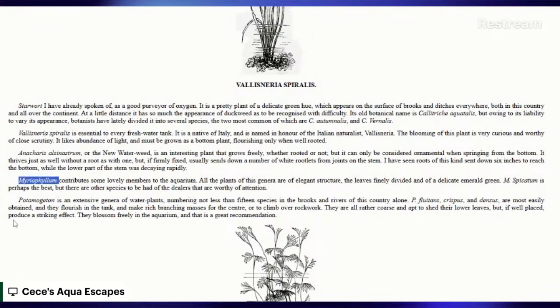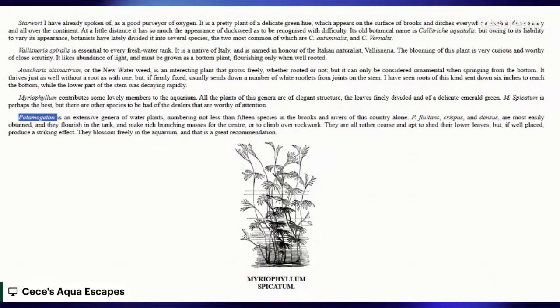Let me get through. Potamogeton is an extensive genus of water plants, numbering not less than 15 species in the brooks and rivers of this country alone.